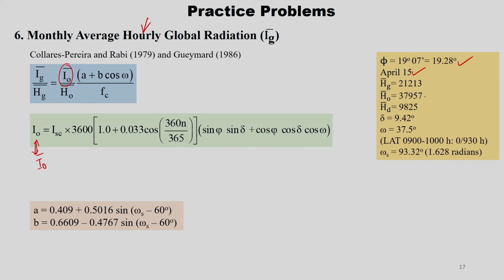H naught is already there, 37957. All are in kilojoules per meter square day.